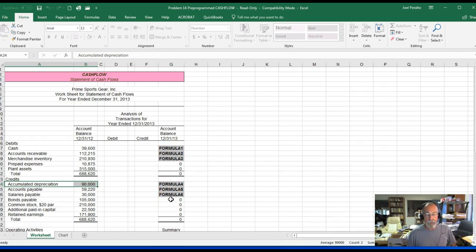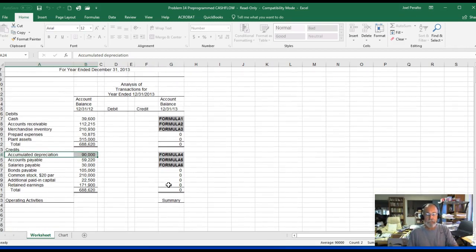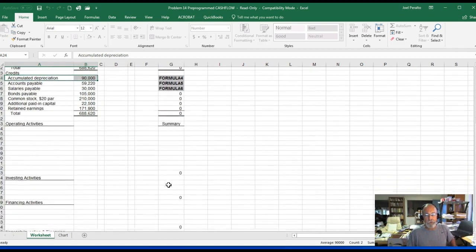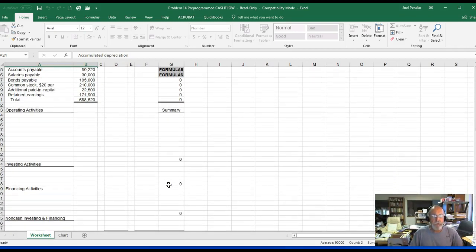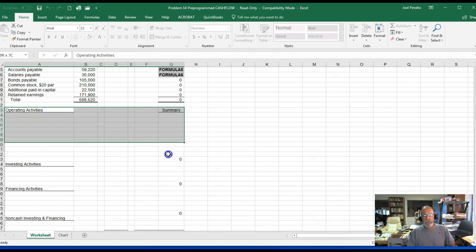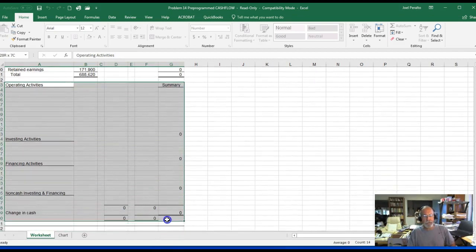And of course our check figures for these amounts over on the right side of the template of the worksheet are those amounts that are reflected in the textbook. Now down below is where it gets a little tricky, and down below the balance sheet is where we develop the information for our statement of cash flows.